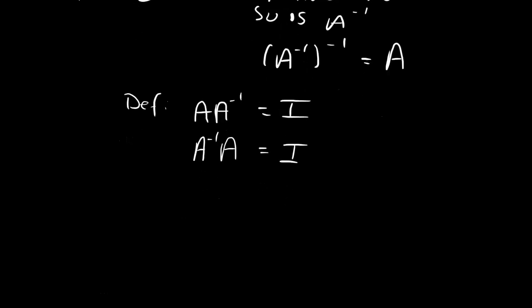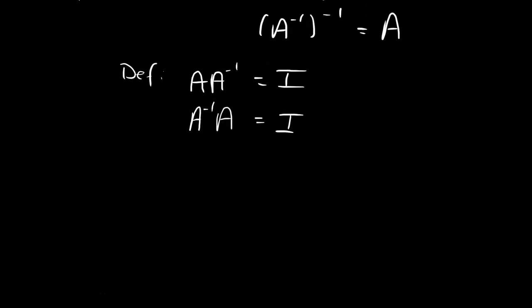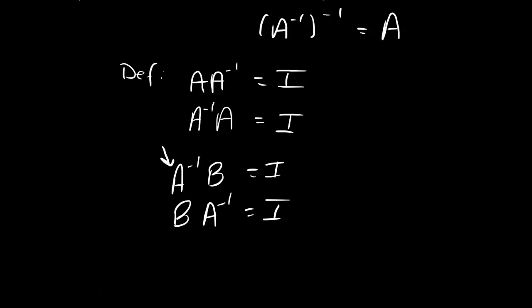So A is invertible, we're guaranteed the existence of A inverse. In order to show that this fella is also invertible, we're asking, is there some matrix, maybe call it B, so that both of these could be the identity matrix? If so, then this right here is invertible.